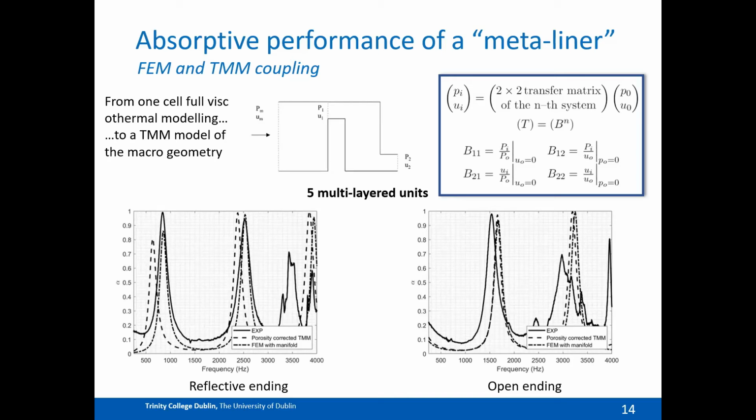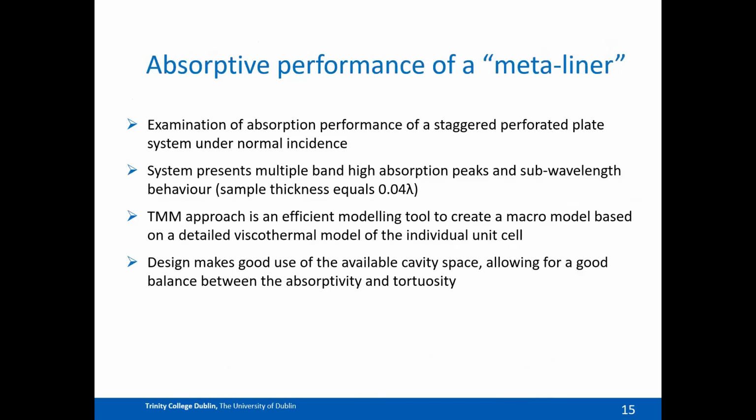Mind you, in this there should have been an added end correction as well, and there are different vibroacoustic effects that aren't represented numerically. The design presented multiple high absorption peaks with sub-wavelength behavior.